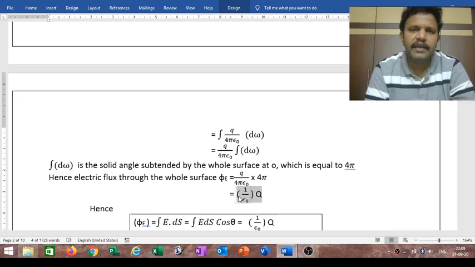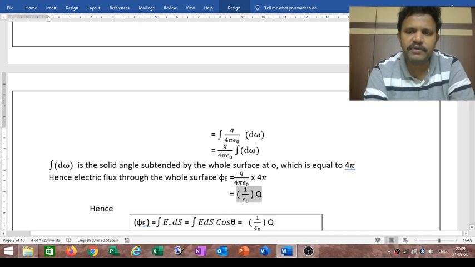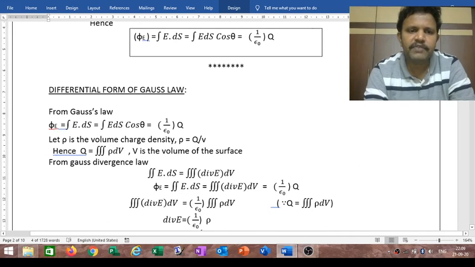Let us see another form of Gauss law, which is called the differential form of Gauss law. From the definition of Gauss law, phi is equal to q by epsilon naught. Here, q is the total charge enclosed by the entire closed surface. We write this q as the volume integral over v of rho dv.